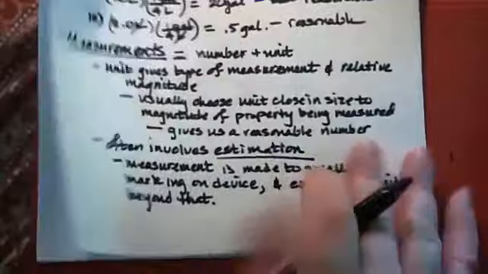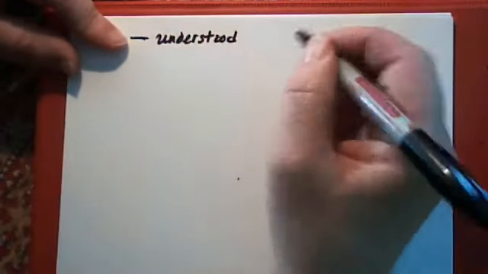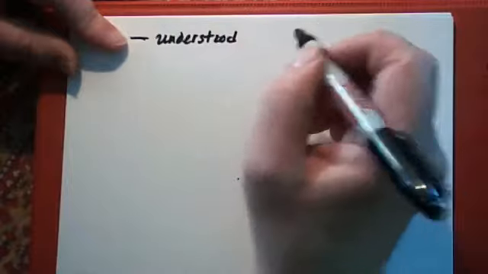That is much more accurate than just leaving it at the digits that are certain when you're making a measurement. It's understood in any given measurement in science anyway, it's assumed that the last digit is a little bit uncertain.